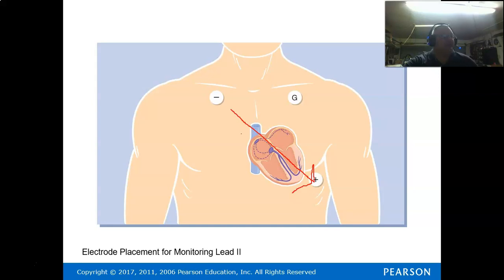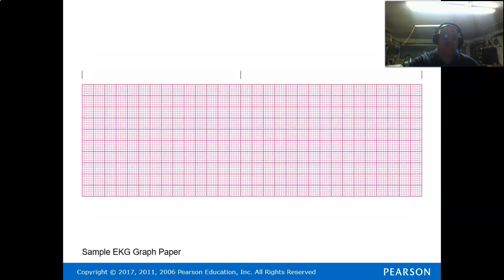If we draw that line of the heart, more than likely it's almost exactly like that. That's why we like to use lead 2 to determine dysrhythmias, so that we can find something that's wrong. It kind of depends on what you're looking at as to what lead you want to use, but as we learn these things, it's going to be lead 2, and that's the very thing that you really got to understand.